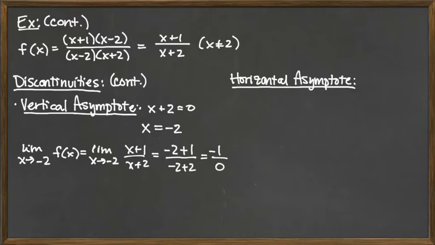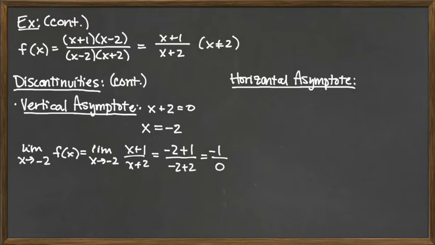But what this is telling us is knowing that we have a non-zero constant over 0, what that's telling me is that right away I know each one of the one-sided limits is going to be either plus or minus infinity. I just need to figure out which one.